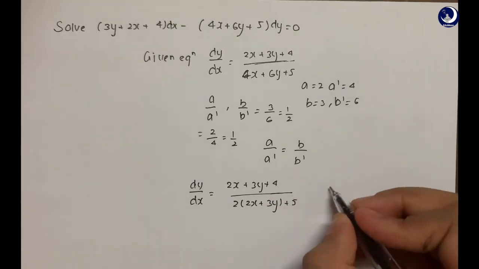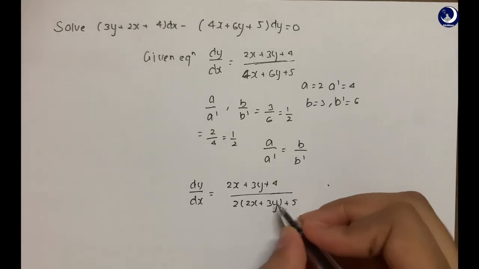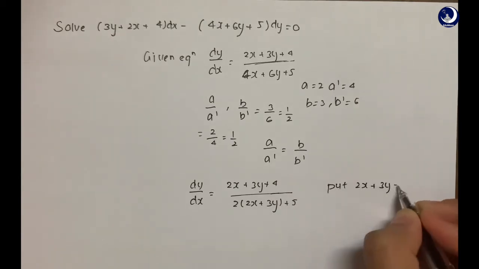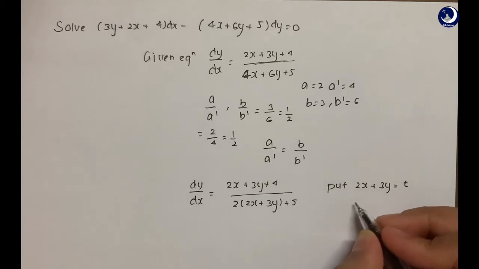Now, since we cannot separate x and y, put 2x plus 3y equal to t. Differentiating with respect to x.